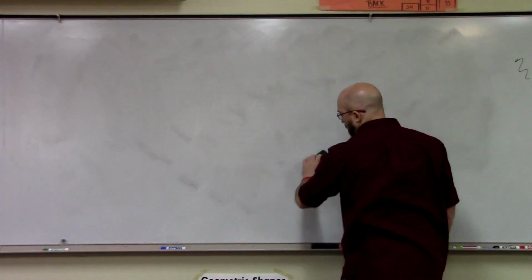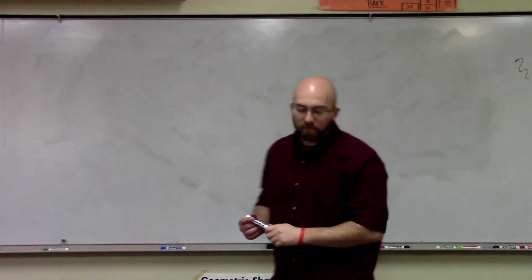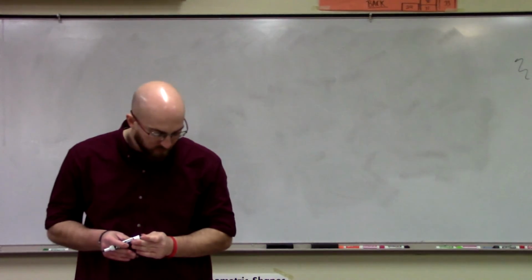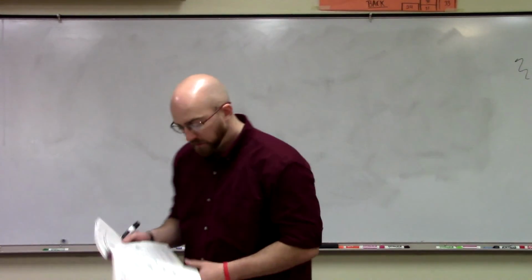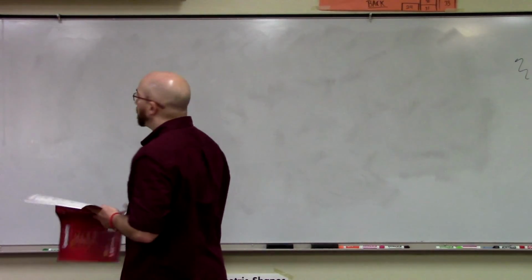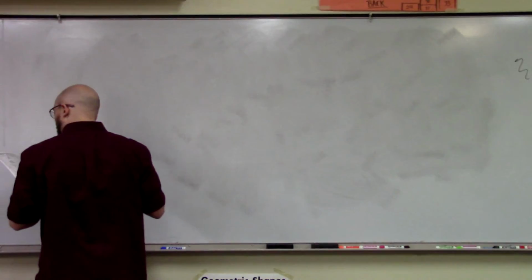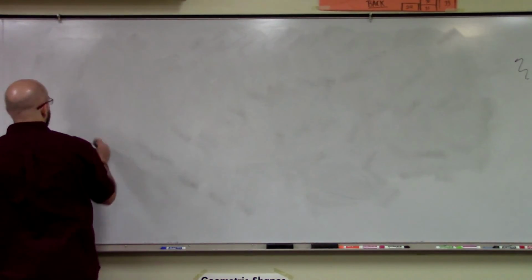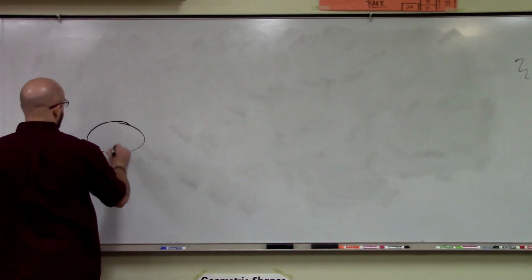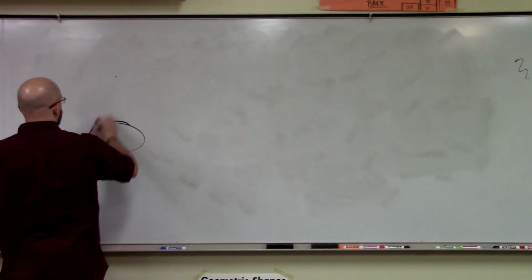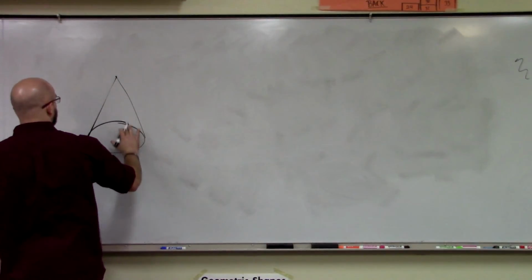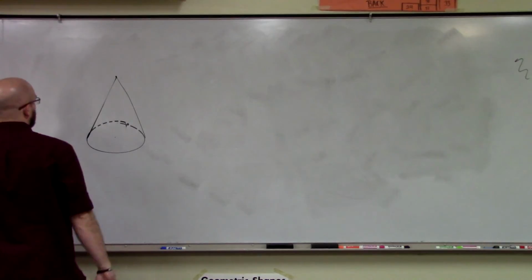You notice I've used Pythagorean theorem almost every time. It's a common theme. They give you the height or altitude. You use Pythagorean theorem. But let's take a break from that. So this is what we're given. This is the kind of cone we're talking about.